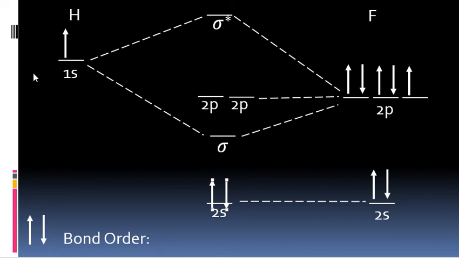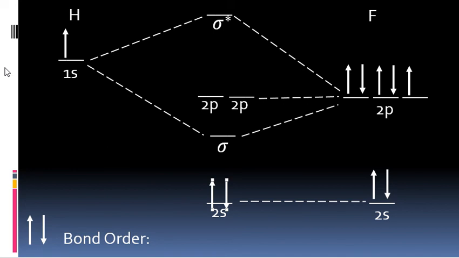Whenever you overlap orbitals, however many atomic orbitals you use to make molecular orbitals, it will make the same amount of molecular orbitals. So I only have 1 orbital here on hydrogen, and therefore it can only combine with a single orbital on fluorine.